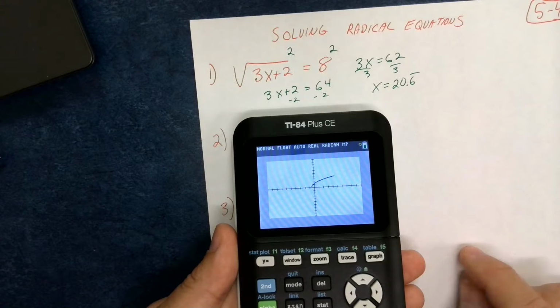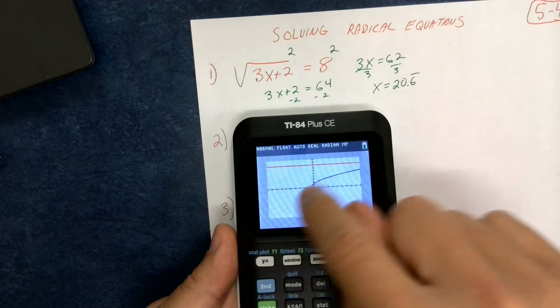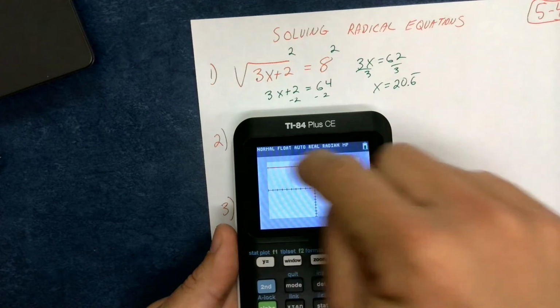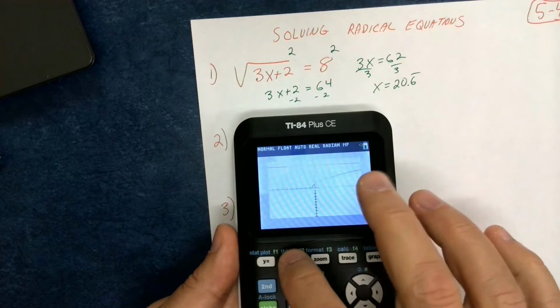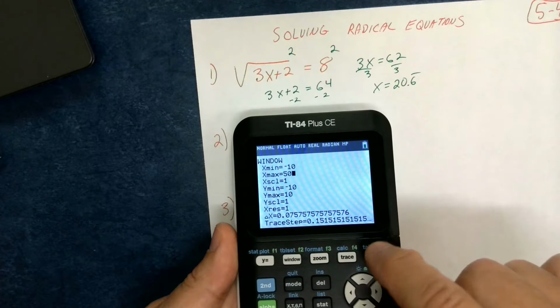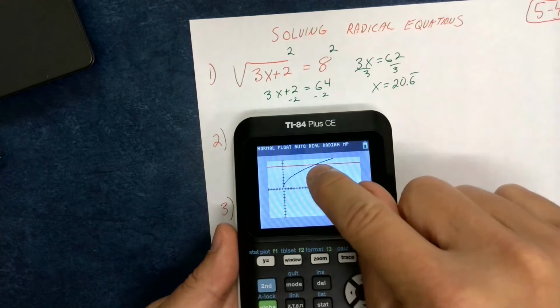So you can see this is my function, my square root function, and that's what it looks like when we shift it and tweak it. And here's this red line, so they have to hit, but you can see they hit off the screen someplace. So on my window, I'm going to have my X max go to like 50, and then you can see that again, and oh, look, there they hit right there.